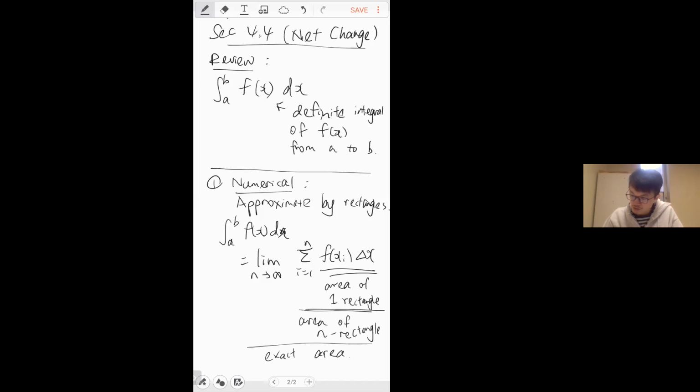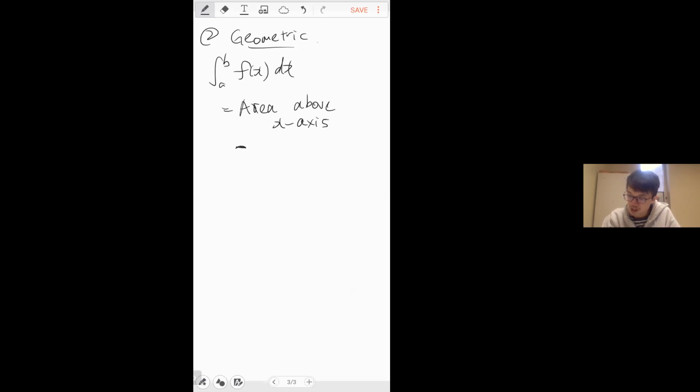And then the second definition we saw was using geometry. So it's just the area above the axis minus the area below the axis.